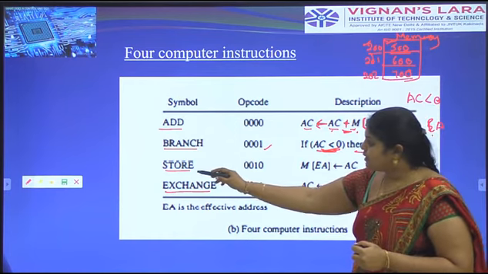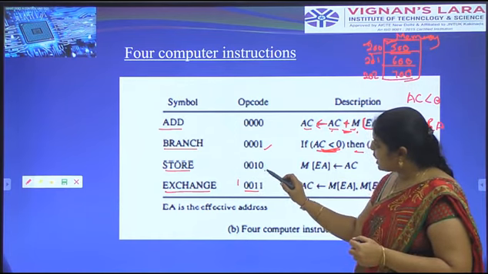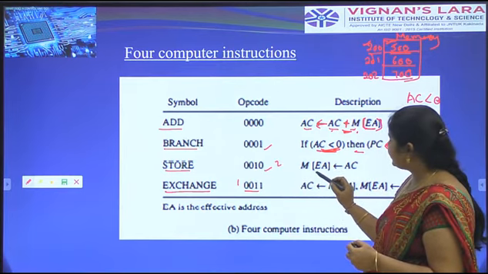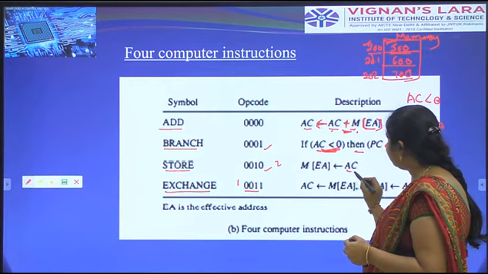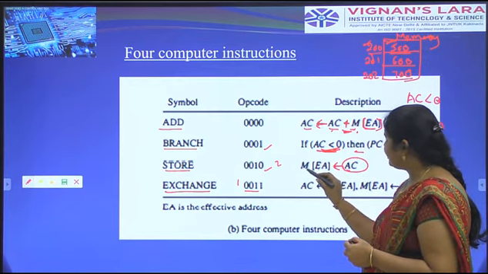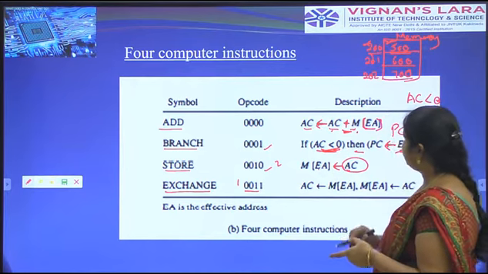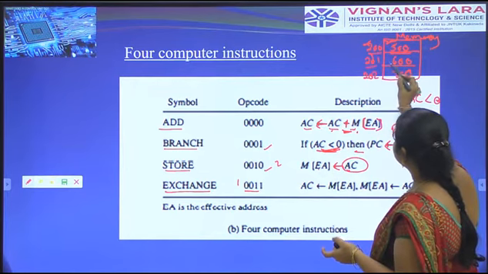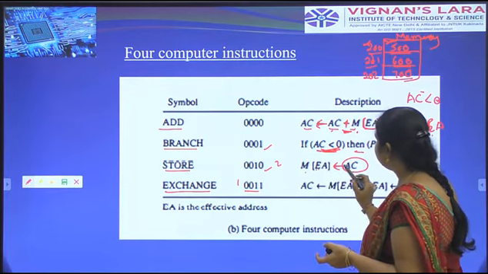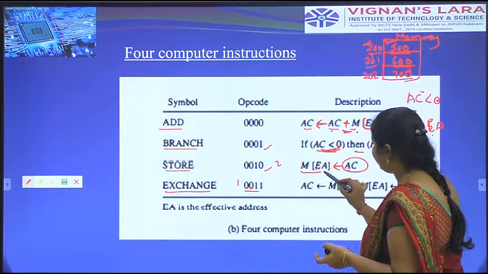Here the store instruction utilizes the opcode 0010, which means 2. The accumulator register transfers the information to the effective address of memory. Here we take one effective address, 201. Its memory is 600, that is M of EA.